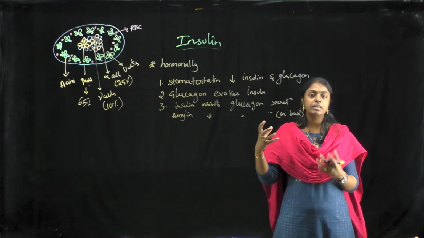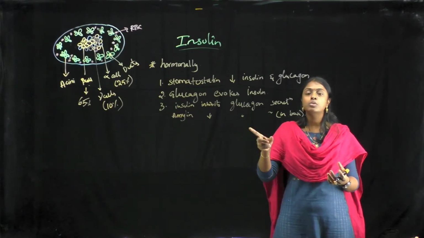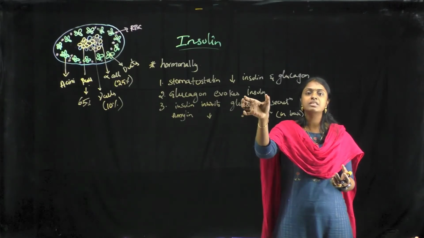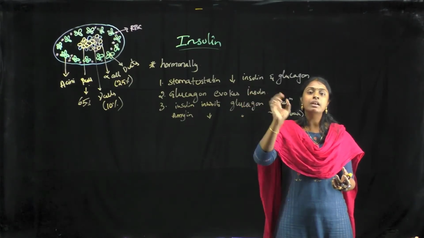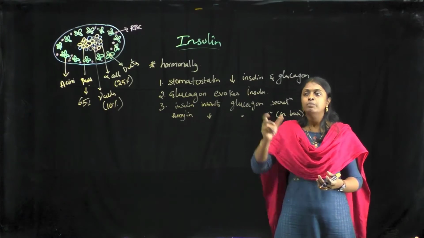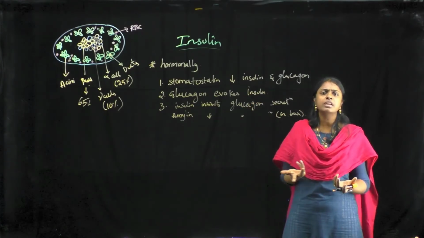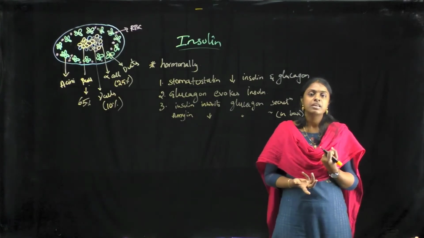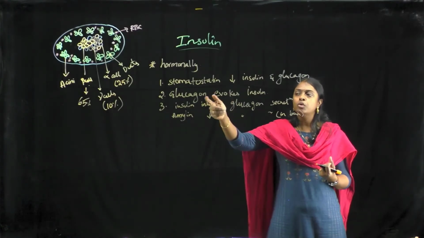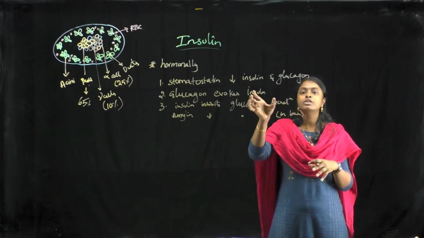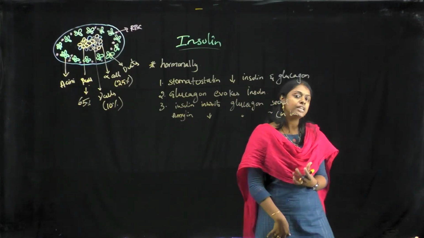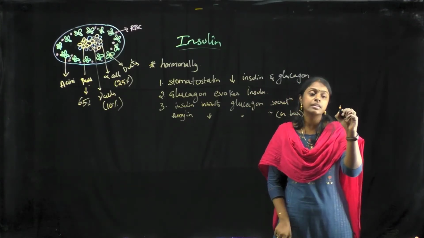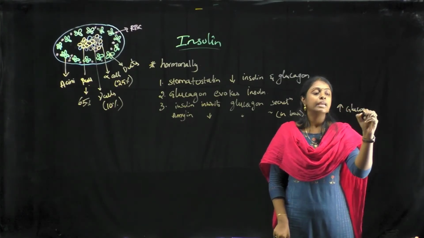Whenever we are low in glucose, glucagon will inhibit insulin and release glucose into the bloodstream. When there is less insulin, it can't take up and store the glucose, isn't it? That's why glucagon will decrease the levels of insulin, and when insulin decreases, the levels of glucose in the bloodstream increase.